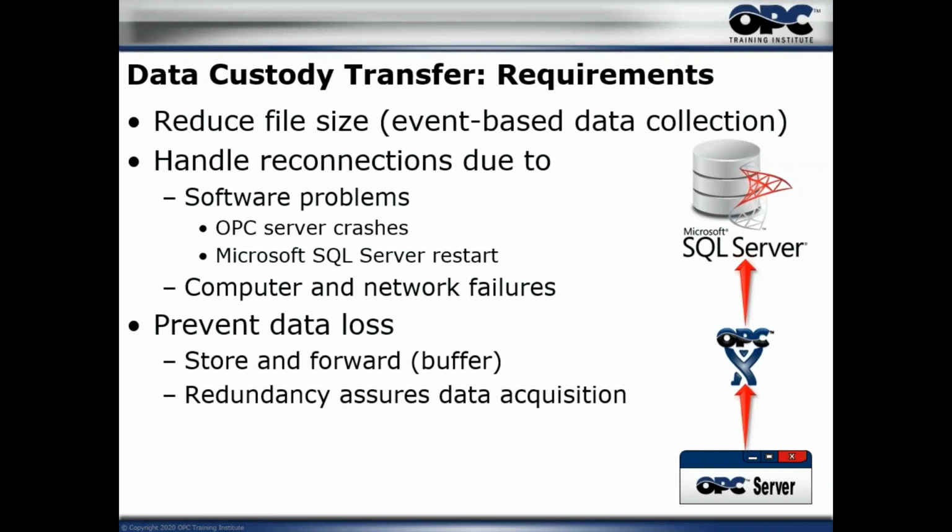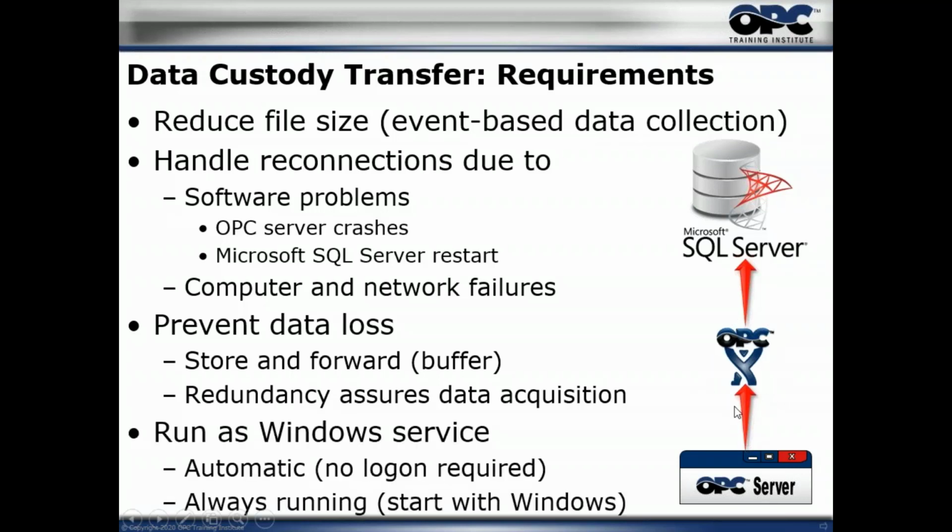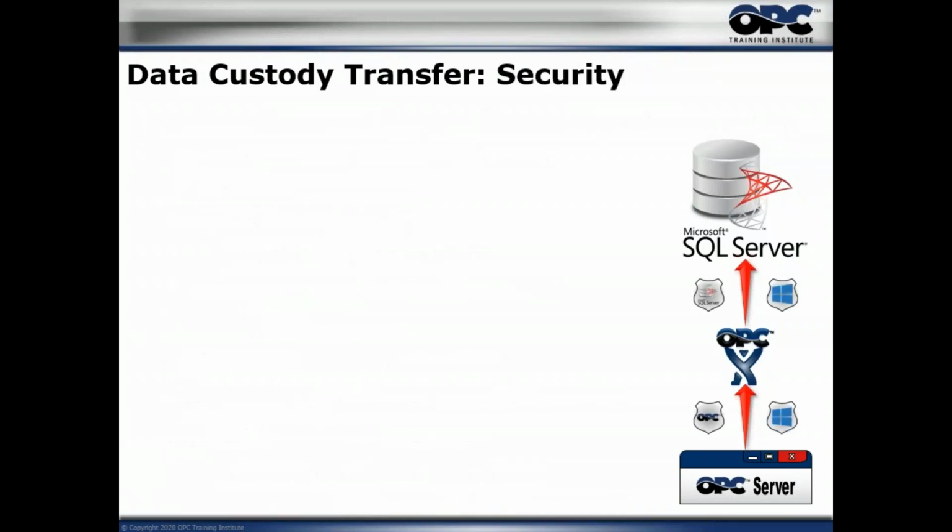It has to prevent data loss using store and forward mechanisms or redundancy. So that's what this thing needs to be able to do. And of course, we typically want these things to run as a Windows service, so it can run unattended without anybody being there. It needs to be managed by Windows and automatically start up. So we've got the reliability.